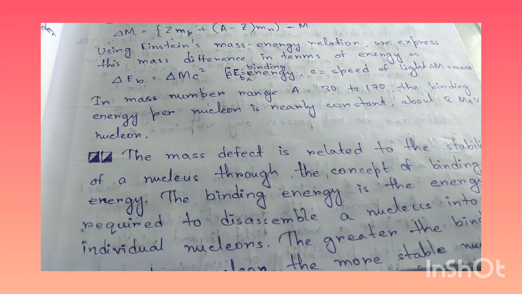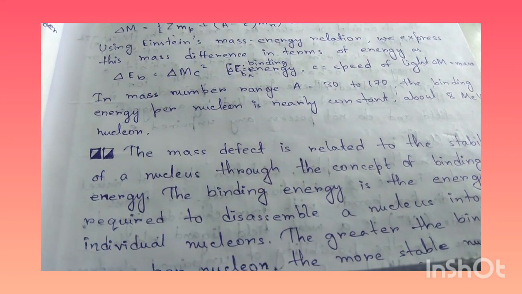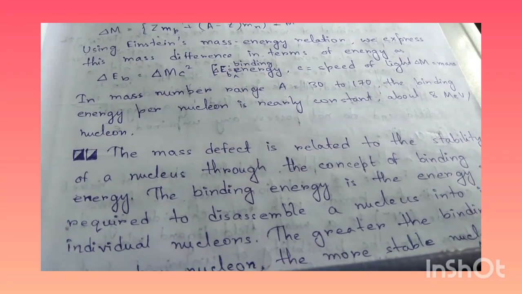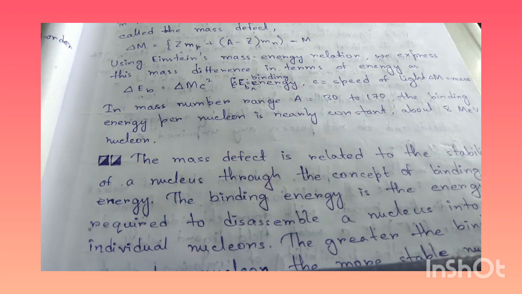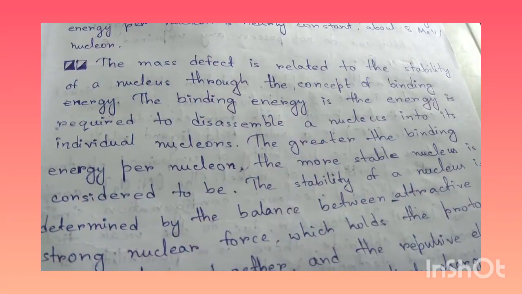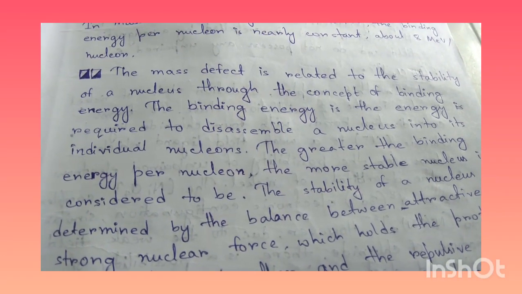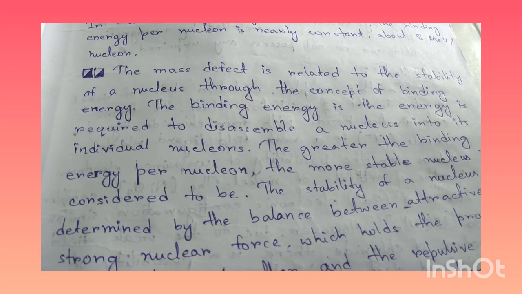How is it related to the stability of a nucleus? The mass defect is related to the stability of a nucleus through the concept of binding energy. The binding energy is the energy required to disassemble a nucleus into its individual nucleons.